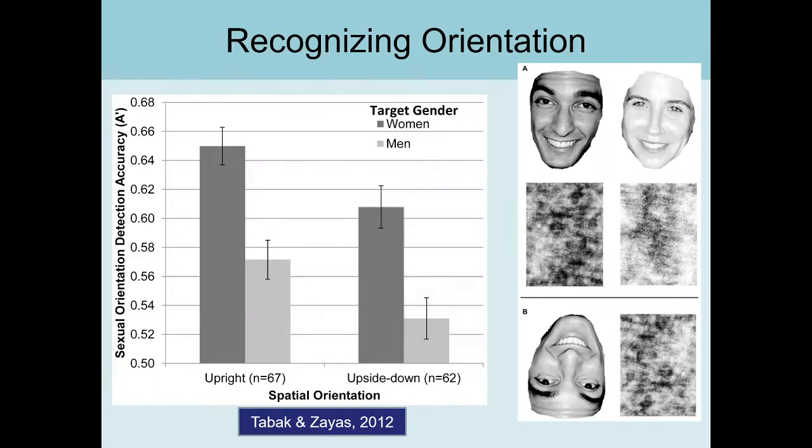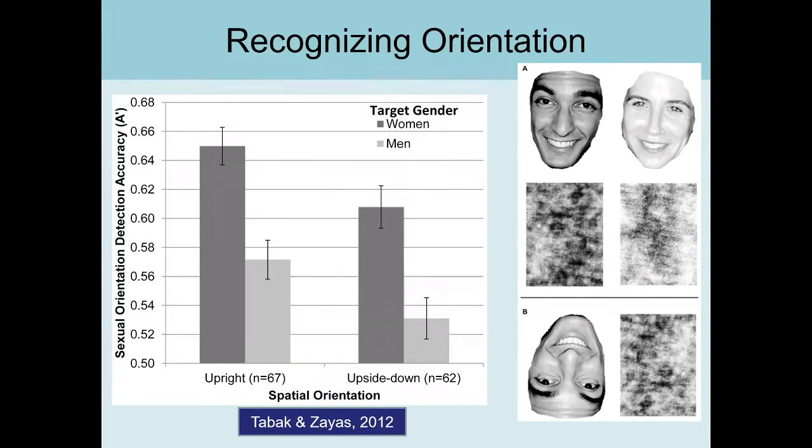Now, of course, 100% would mean that you were right every time, right? So on the y-axis, if it were to go to 1.00, that would indicate 100% accuracy, and nobody got anywhere near that. And in fact, for the men, the accuracy was lower overall than for the women that were being judged, the target faces.